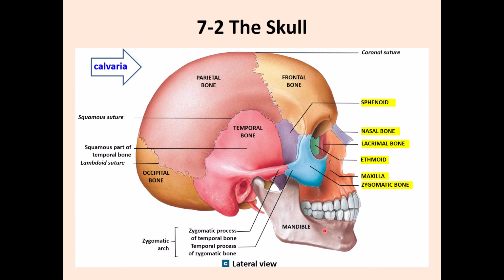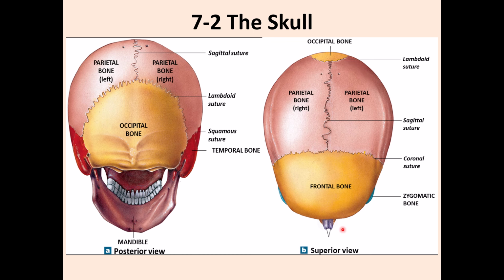And the lower part, here is the mandible, so that makes the lower jaw. From posterior view, you can see the occipital bone that is separated from the 2 parietal bones by the lambdoid suture. This is the lambdoid suture.